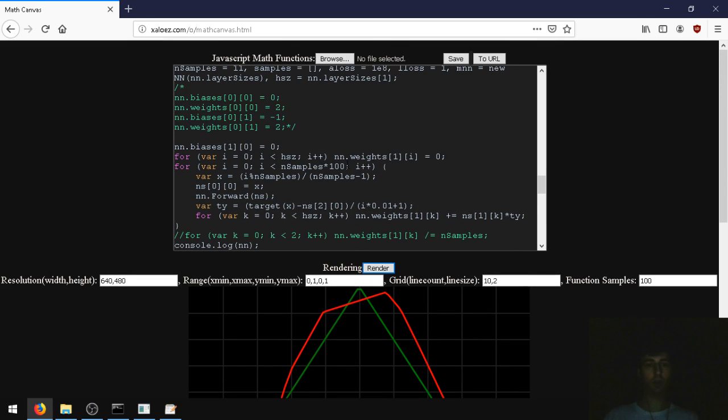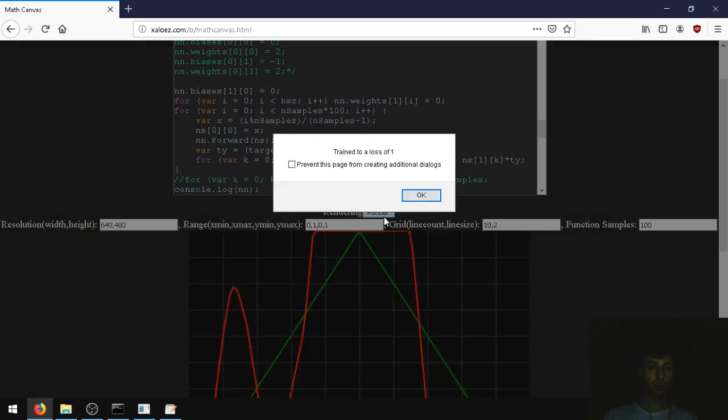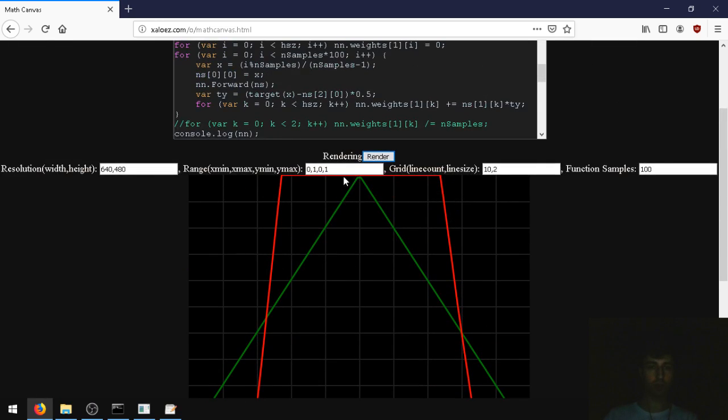Maybe if I record the loss, I don't know. Because I understand how doing a constant amount of like 0.5 here causes it to overfit a whole bunch right here.